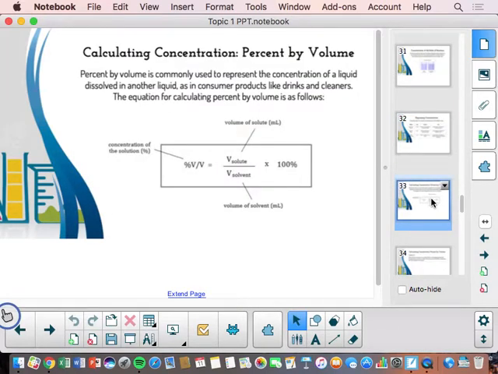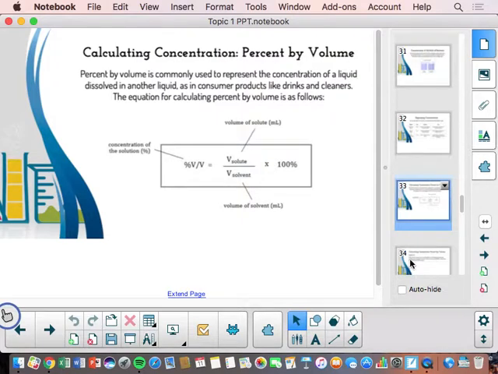Okay, so the first one: how do we calculate things by percent by volume? This is the formula that we use. The volume of solute, always measured in milliliters, divided by the volume of solvent, in milliliters, times 100 will give you that percent by volume number.